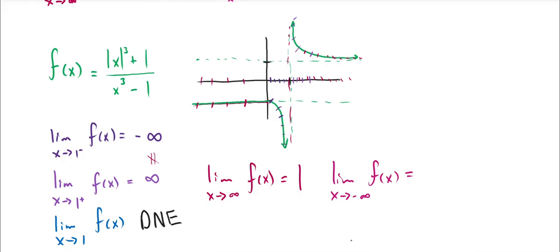It's constantly negative 1, because that would make absolute value equal to negative x cubed, and that's just the negative of the denominator. And so they would cancel to negative 1 constantly. So we have a negative 1 for our limit as x approaches negative infinity, but it's of the kind where y is a constant value, rather than the limit as x approaches positive infinity, where we're getting closer and closer to 1 without actually ever getting there.